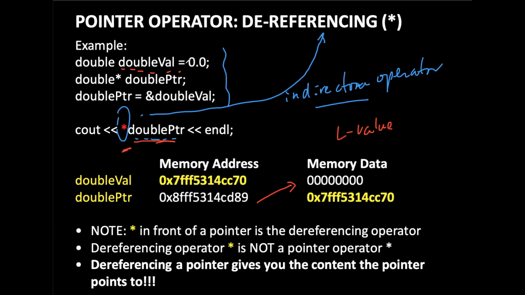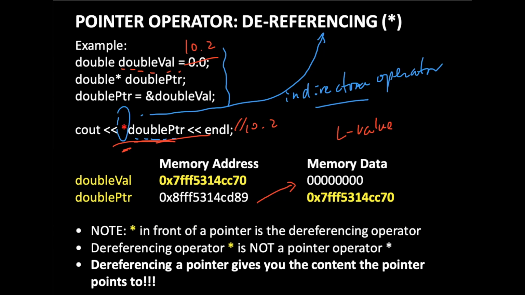Now, later on, if you change this doubleVal to a value of 10.2 and invoke star doublePtr to dereference it, your cout here is going to output 10.2. We must note that this dereferencing capability as it applies to pointers is a very powerful concept, because this allows you not only to fetch your pointer's value but the value of the object that this pointer points to.